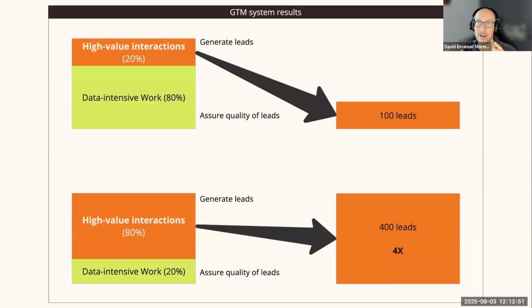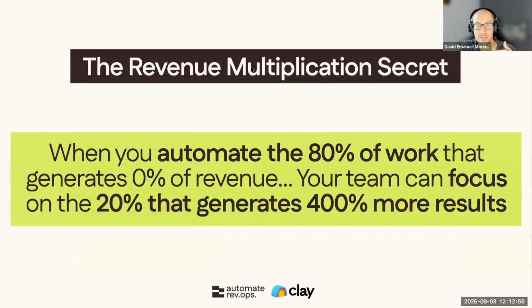So when they are ready to buy, they will think about your brand and move forward with your solutions. So let me tell you the same with other words. When you are automating 80% of that work that generates 0% of the revenue, your team can focus on the 20% that generates 400% more results for you. So that will be the impact that you can get by starting to automate your go-to-market motions.